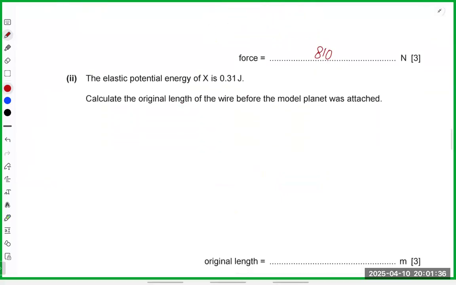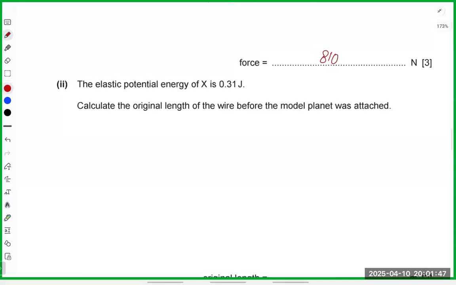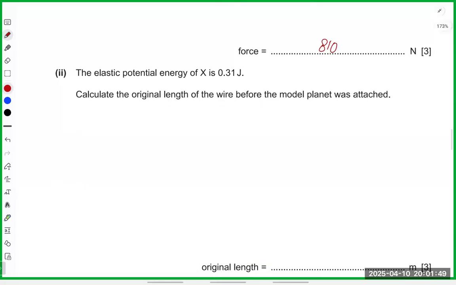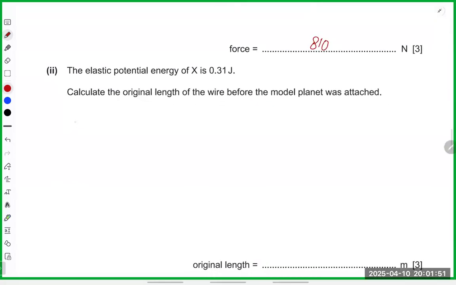Calculate the original length of the wire before the model planet was attached. Listen, if we know elastic potential energy, do we know the formula for elastic potential energy? Elastic potential energy is 1 by 2 Fx.